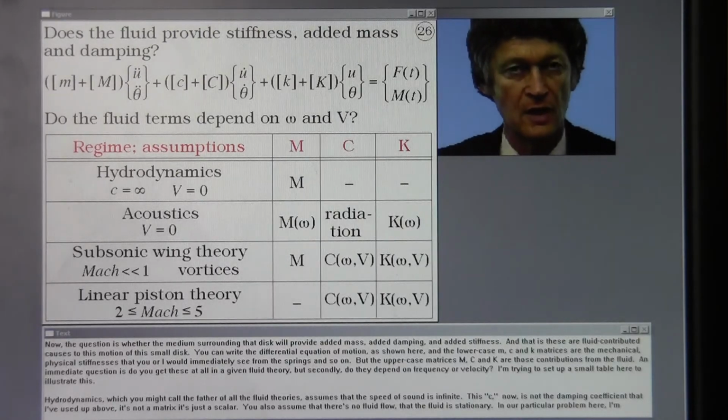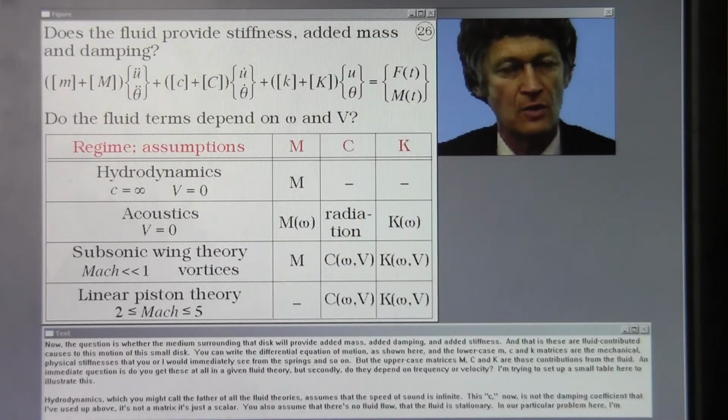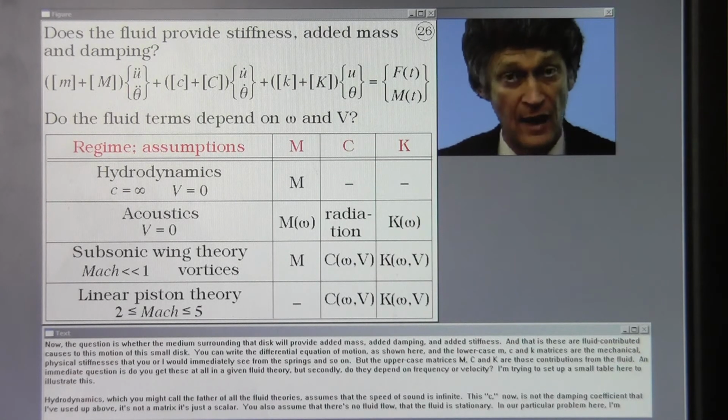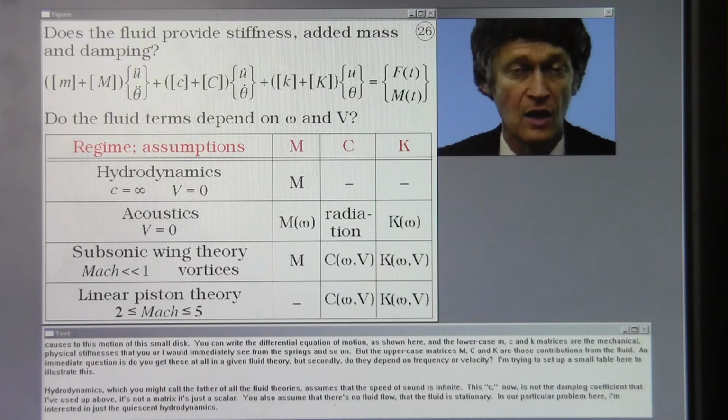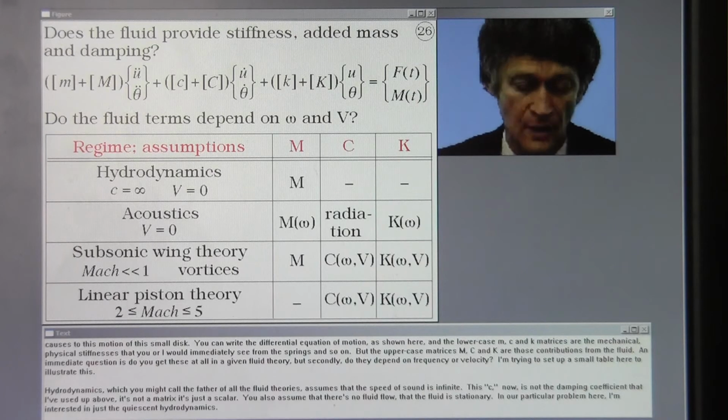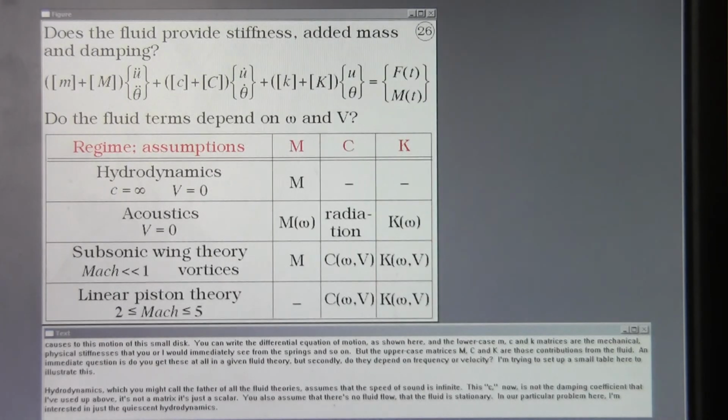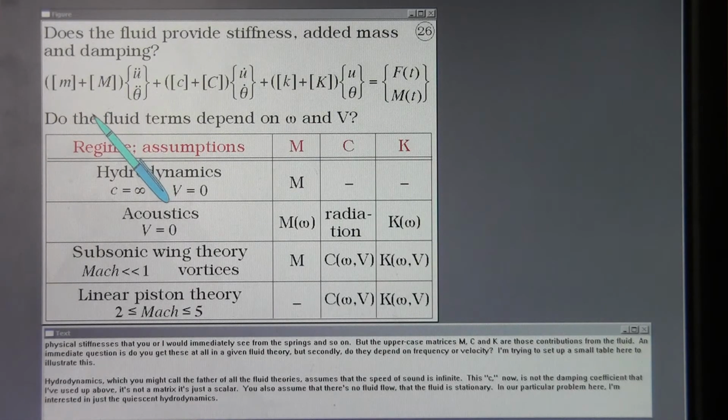Now the question is whether the medium surrounding that disk will provide added mass, added damping, and added stiffness. These are fluid contributed causes to the motion of this small disk. You can write the differential equation of motion as shown here, and the lowercase m, c, and k matrices are the mechanical, physical stiffnesses that you or I would immediately see from the springs and so on.